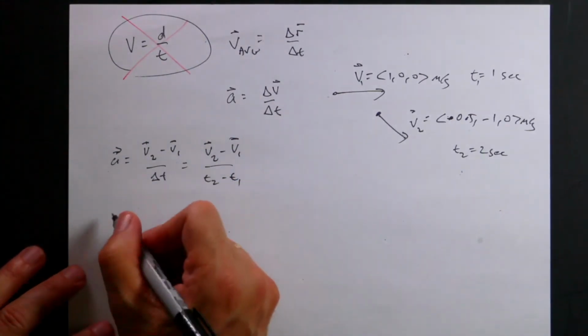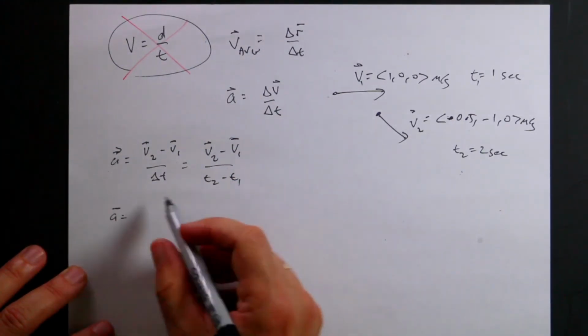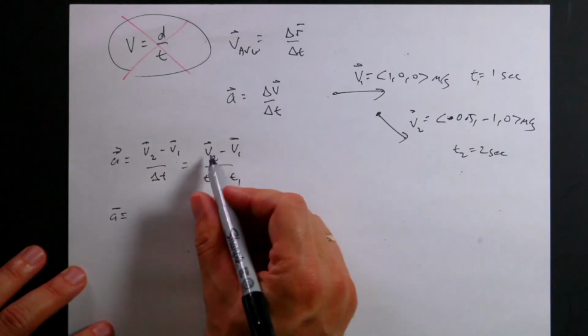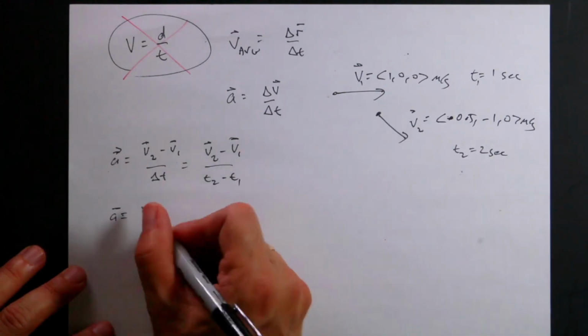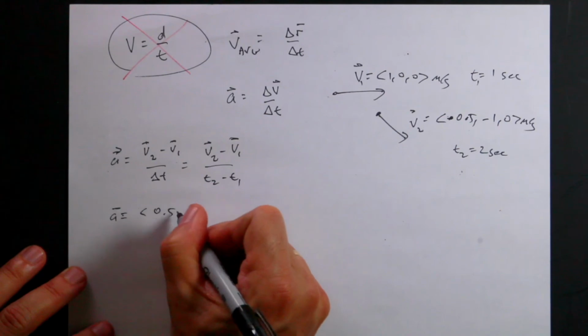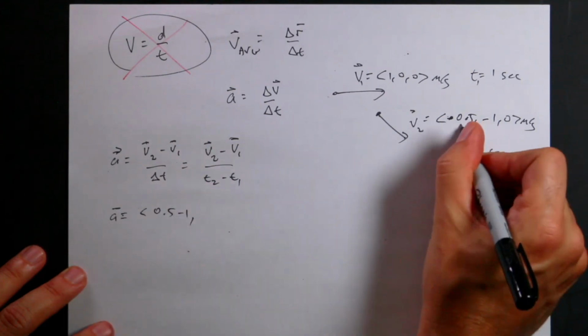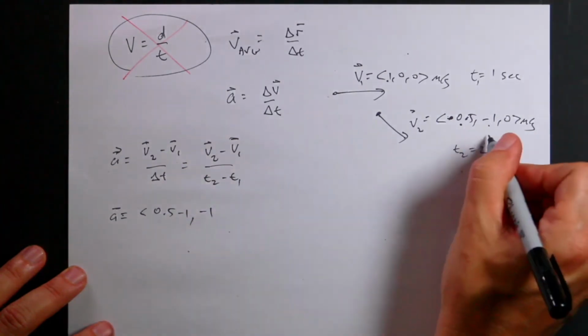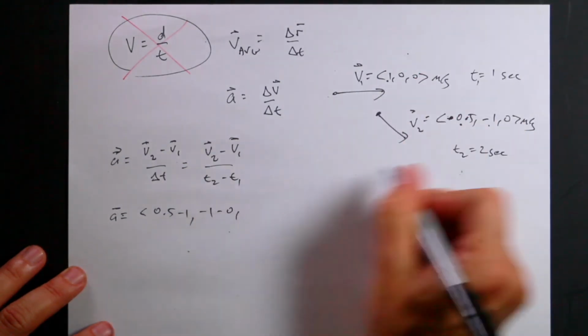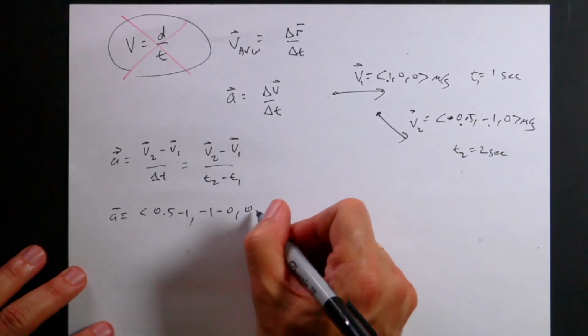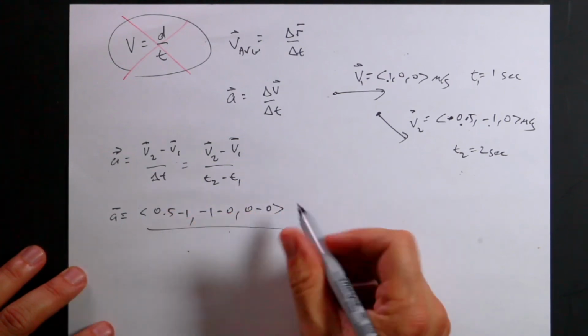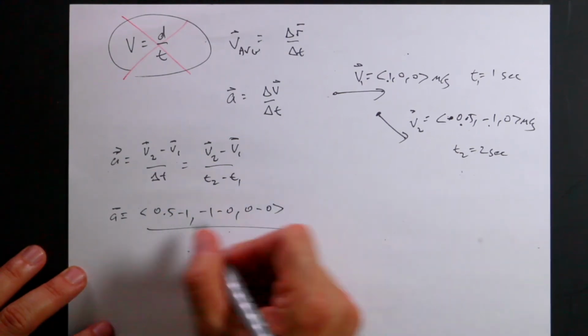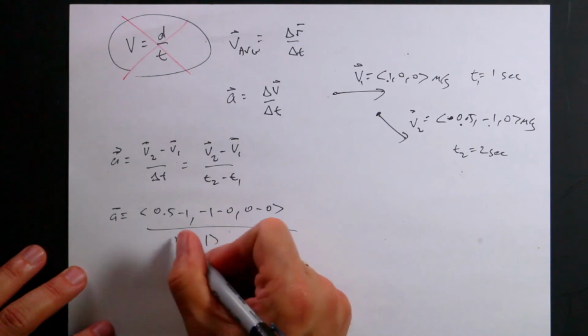So let's do it with these numbers. So here we go. So the acceleration is going to be the change in velocity. So v2 is going to be 0.5 minus 1 for the x component. Then I have negative 1 minus 0, and then I have 0 minus 0. And then on the bottom I have t2 minus t1, so it's going to be 2 seconds minus 1 second.